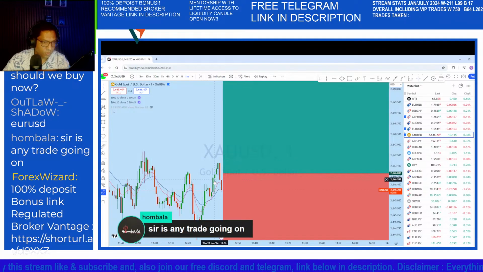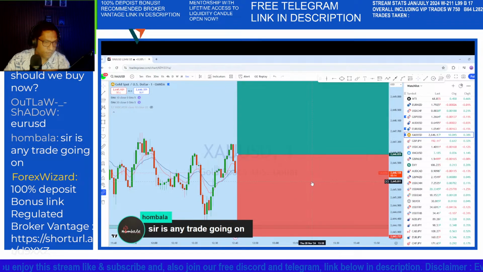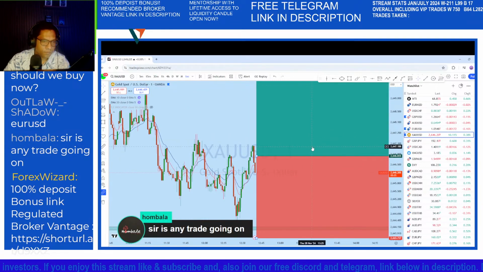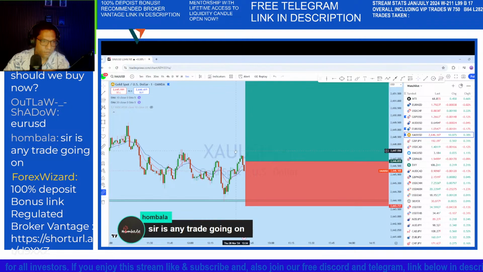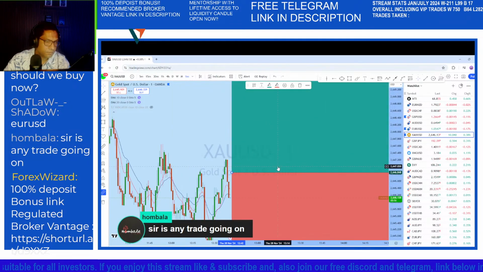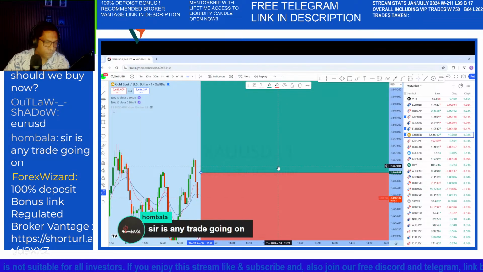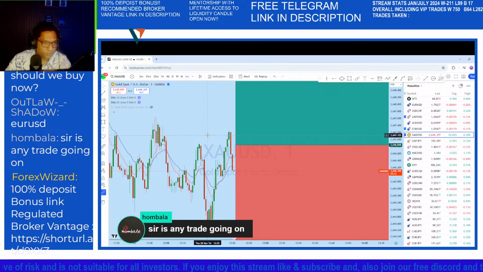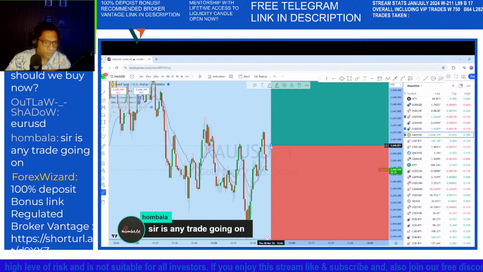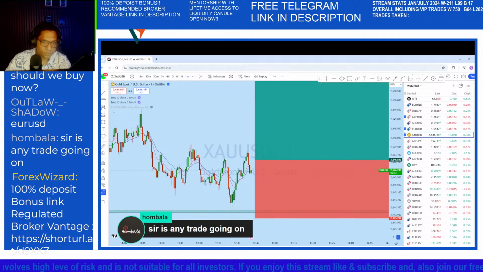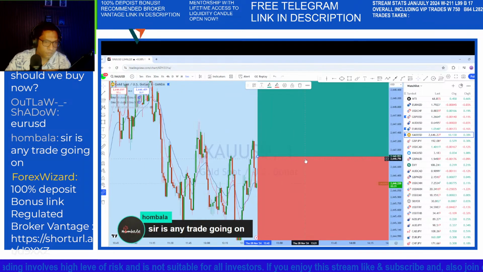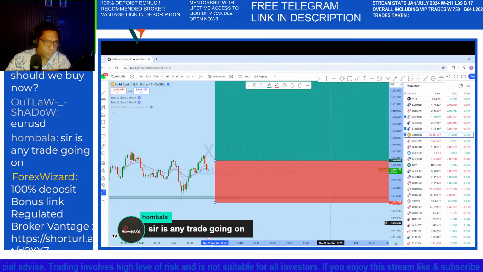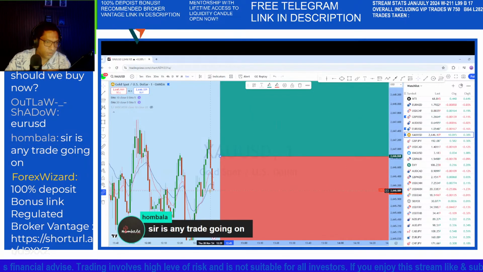We can see that there is a narrow pin bar here. Below this level, there is high liquidity.